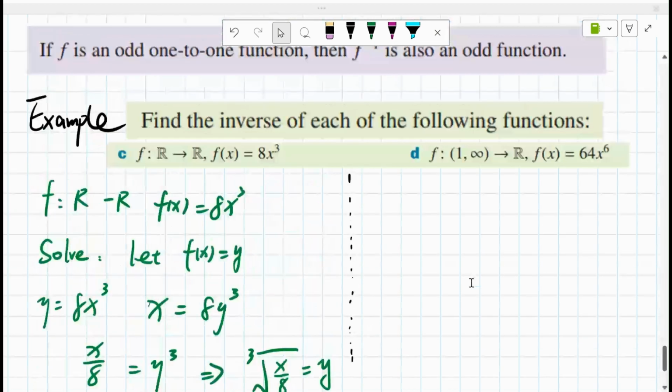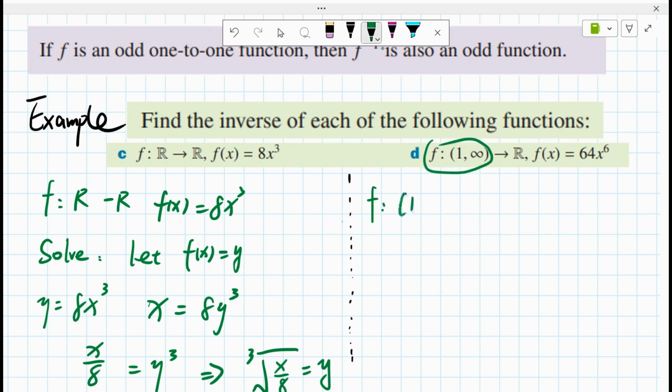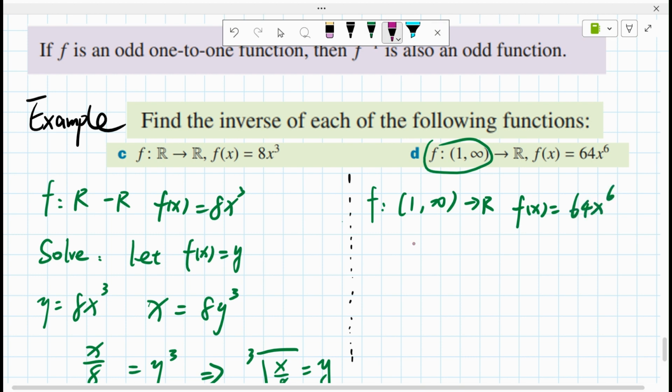And let's try question D then. That one as well, we could start with it because it's one-to-one on the positive side, okay? So we should do f from 1 to positive infinity to R, f(x) equals 64x to the power of 6. All right, and solve that one first. We know the function's range will start at 64 and go to positive infinity.